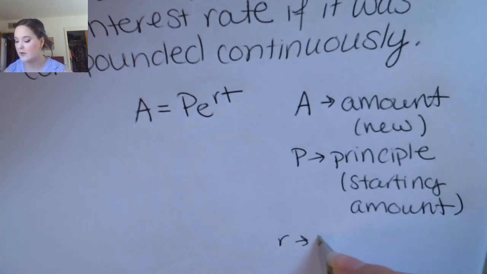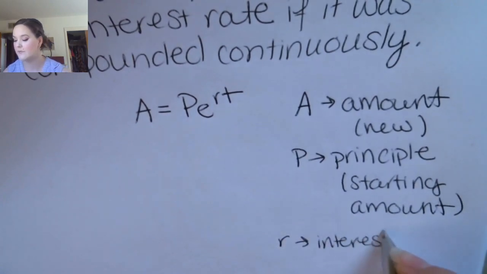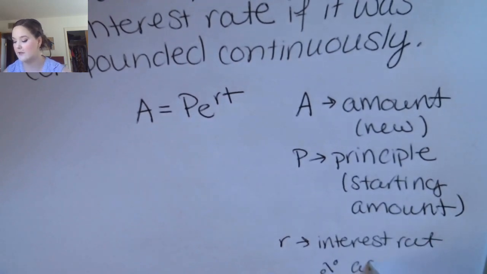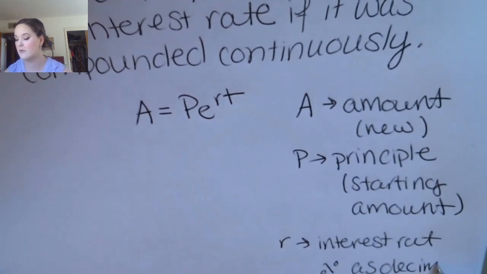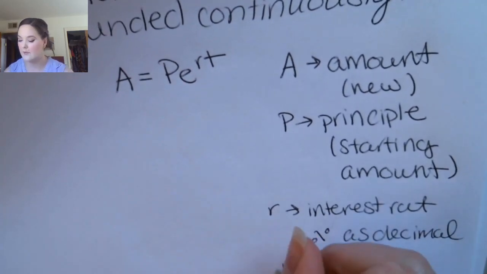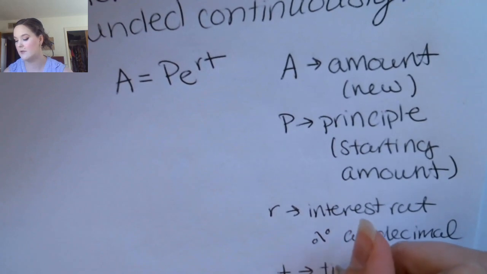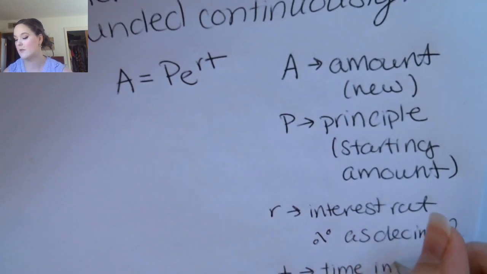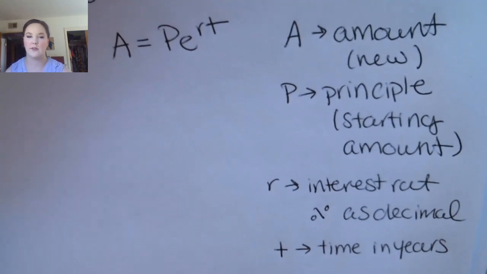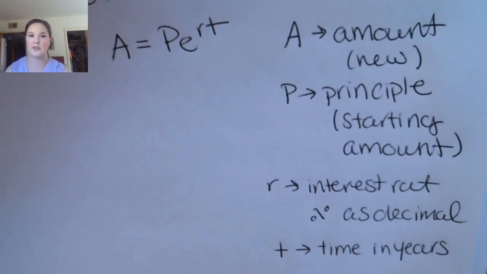R is the interest rate, and this is a percent as a decimal. And then T is time in years. So just a little refresher there about what those different things stand for.